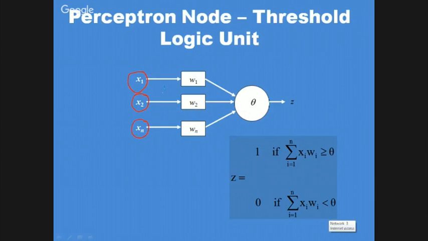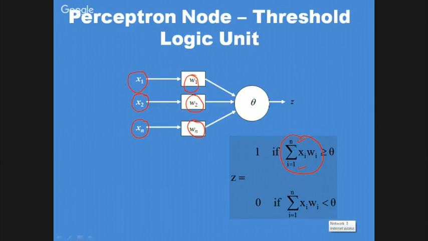Similarly, the weights w1, w2 and wn are connected to all the inputs. The Perceptron algorithm says we find the net, as we told in yesterday's class, net is equal to the summation of xi into wi for i equal to 1 to n. So this is your net.